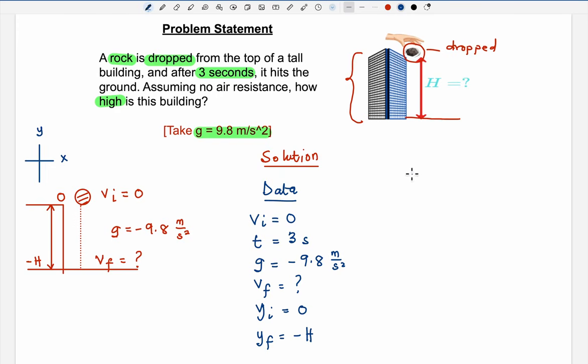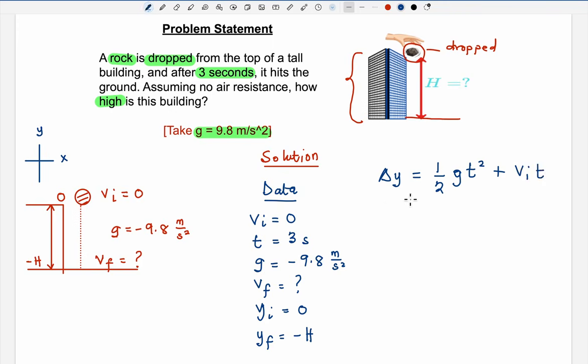The best kinematic equation we can use is, because this is motion with constant acceleration, delta y, which is the vertical displacement as this rock falls down, equals 1/2 times the acceleration of free fall times the time squared, plus the initial speed times time.